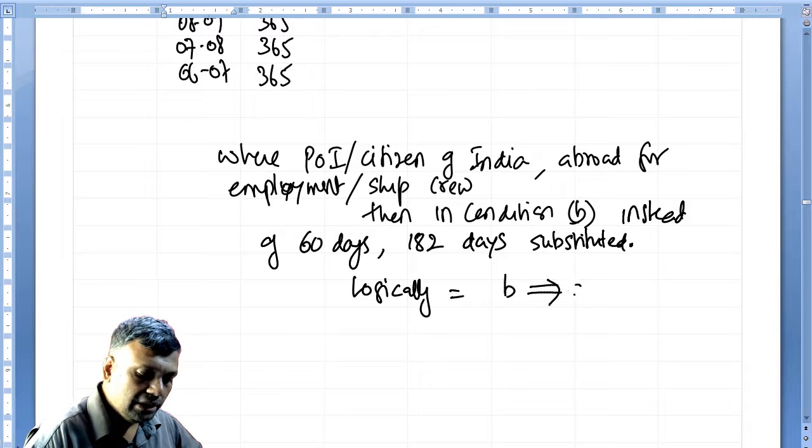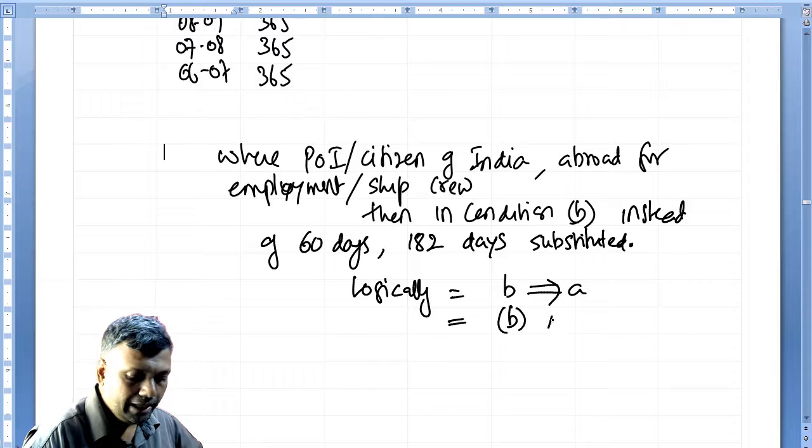Logically, B becomes equal to A, so B is not functional.